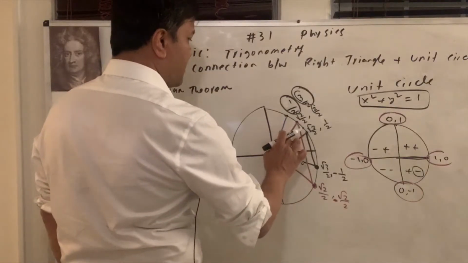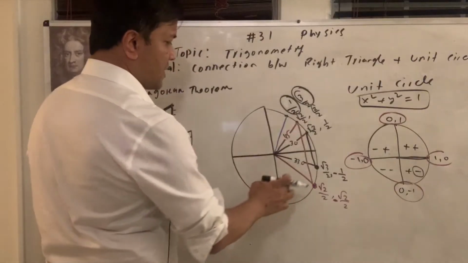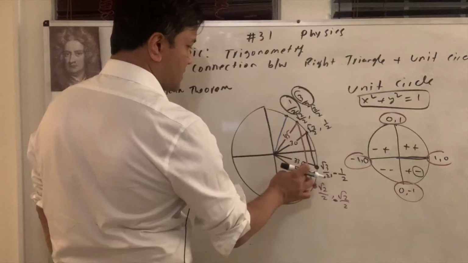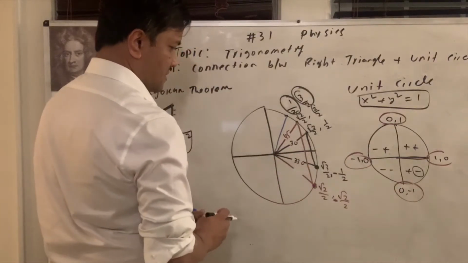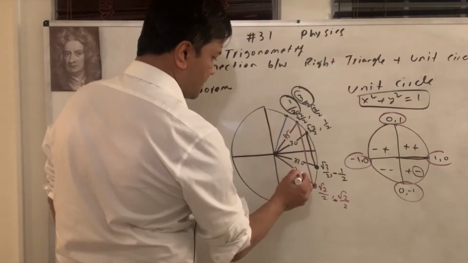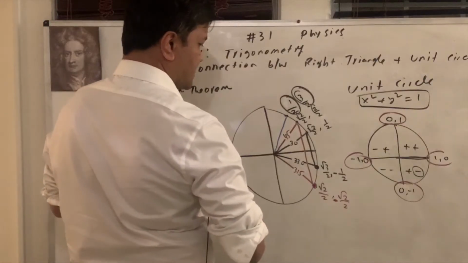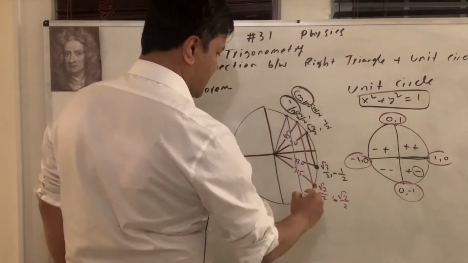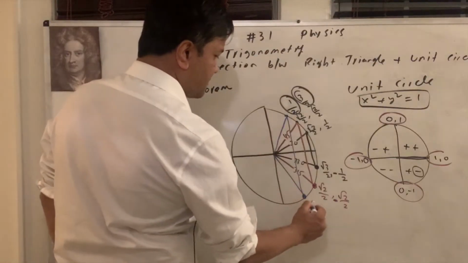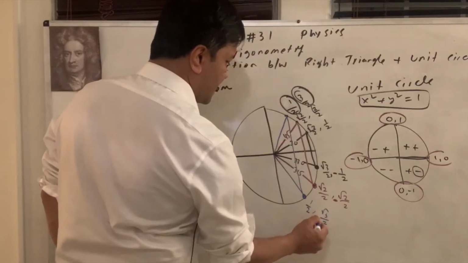This one is 45, and this one is 315. This one is 1/2 comma square root of 3/2, of course negative.